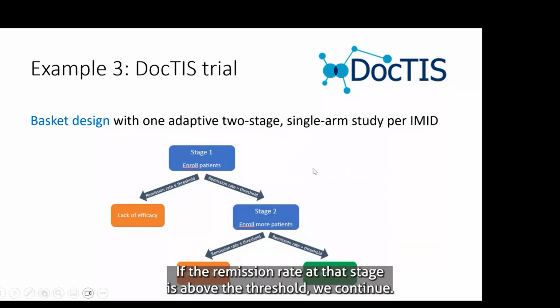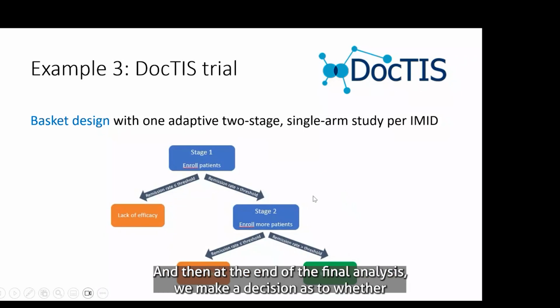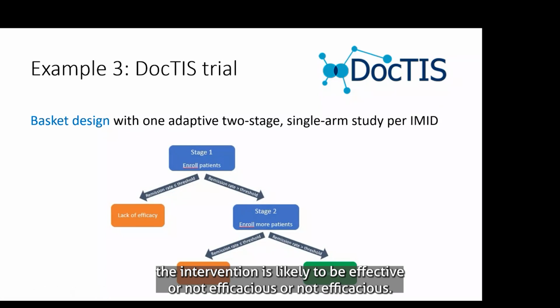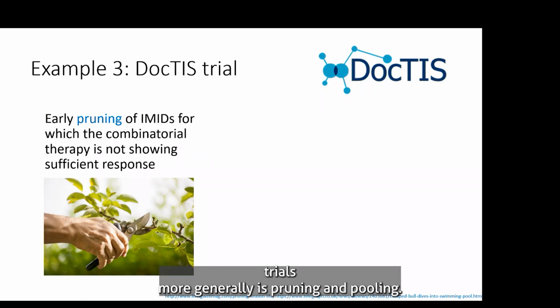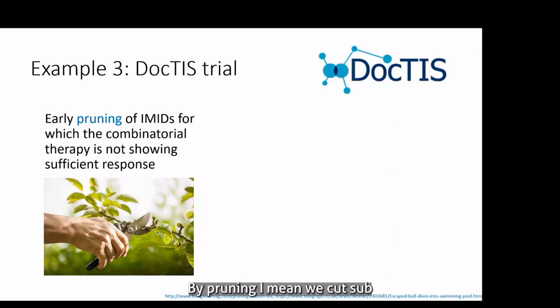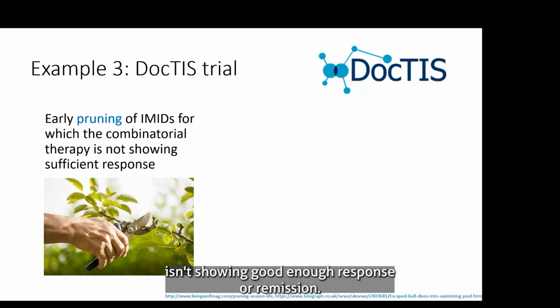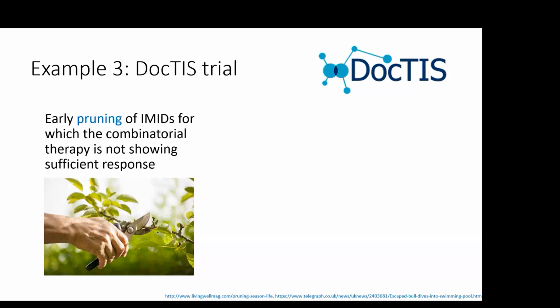If the remission rate at that stage is above the threshold, we continue. And then at the end, in the final analysis, we make a decision as to whether the intervention is likely to be effective or not. So what you can do in basket trials more generally is pruning and pooling. By pruning, I mean we cut sub-trials, in this case baskets or conditions, for which the combinatorial therapy isn't showing good enough response or remission.